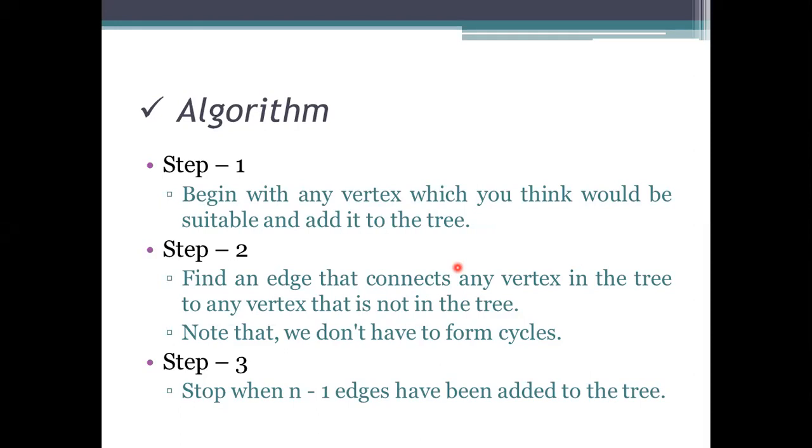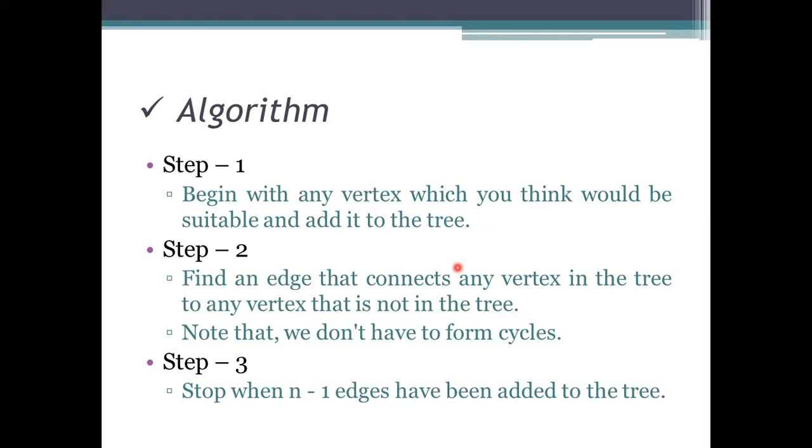If the vertex has multiple edges, we need to take the least one, and we need to check whether picking this edge forms a cycle or not.